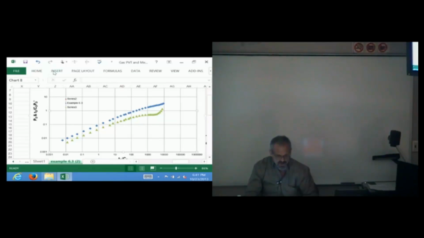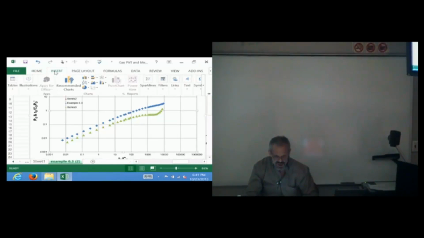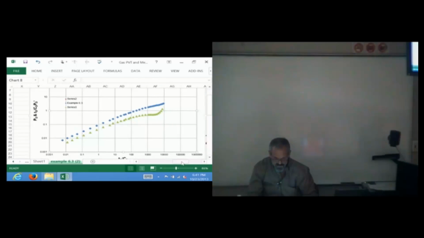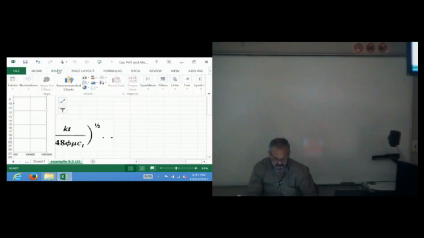And then I am going to insert a shape if I can find them. How come I can't find shapes? How do I move it? Spark lines?